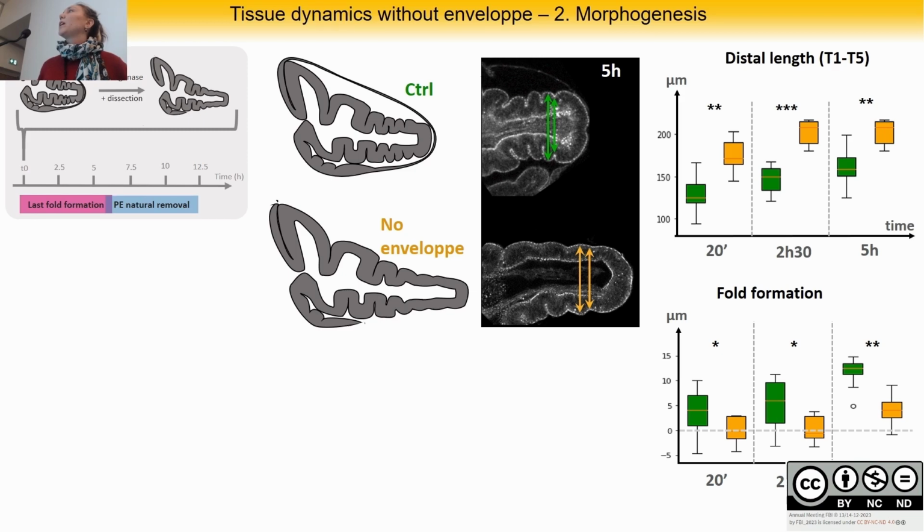Then I looked at the morphogenesis. I looked at the fold formation, and I measured the difference between what we call the segment here and the fold here. And I could show that at the end of the process, where the fold is supposed to be formed, you have a high defect in the fold formation.